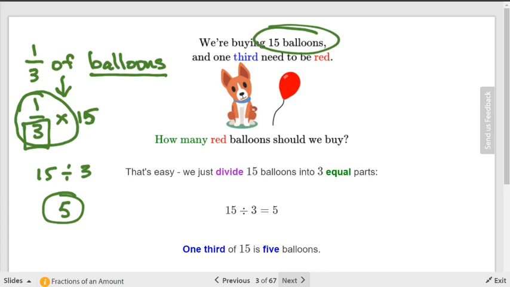So anytime you're taking a fraction of a number, that's the same as simply dividing by the bottom part of it, right? But that's only the case if this top number is a 1.